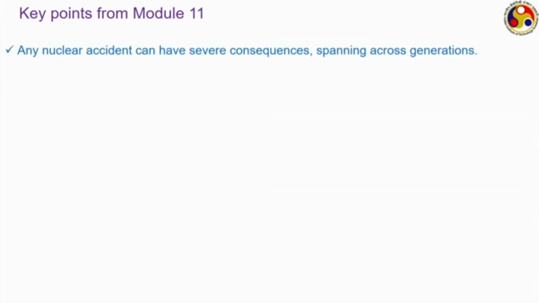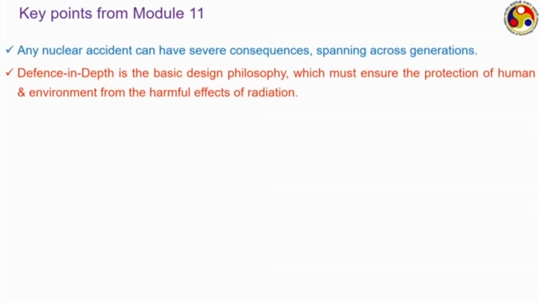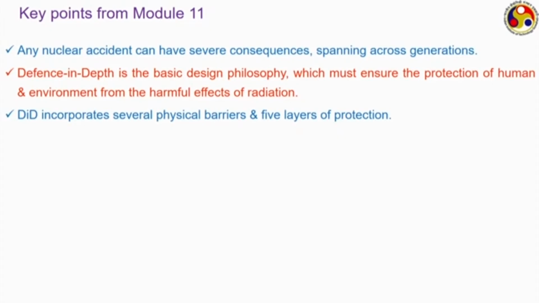So, in module 11 we have seen that any nuclear accident can have severe consequences spanning across generations because of the genetic mutation which it may lead to. DID is the basic design philosophy which must ensure the protection of humans and the environment from the harmful effects of radiation. Commonly, DID incorporates 4 layers of physical barriers and 5 layers of protection.